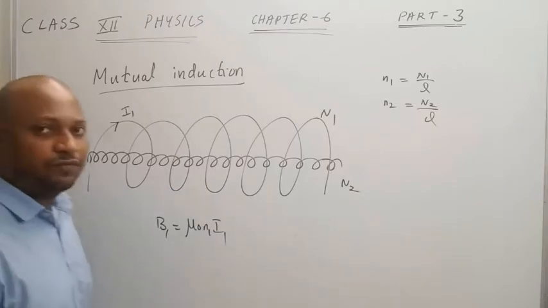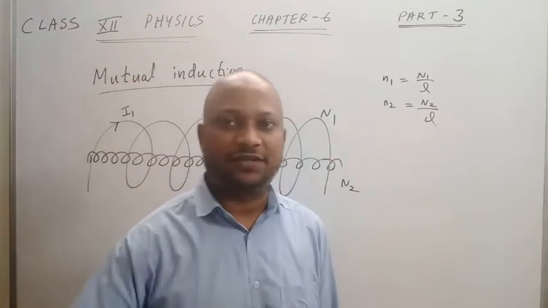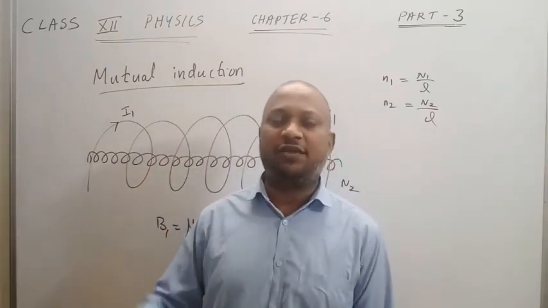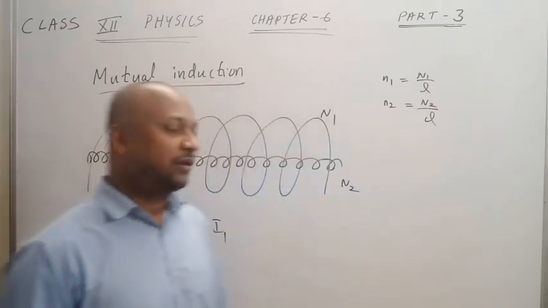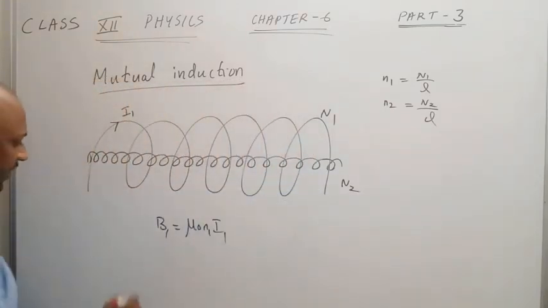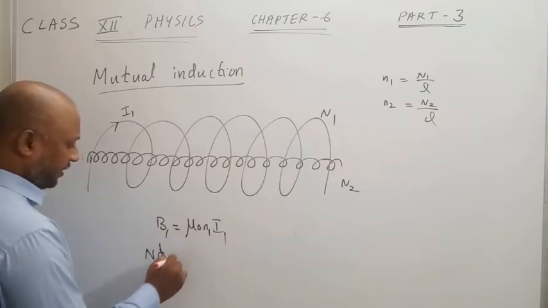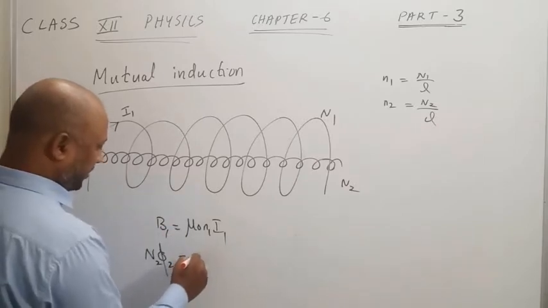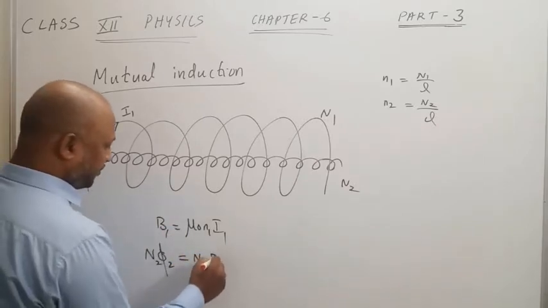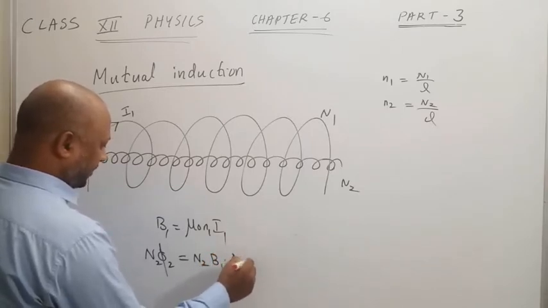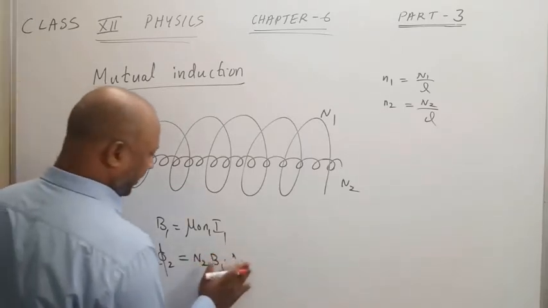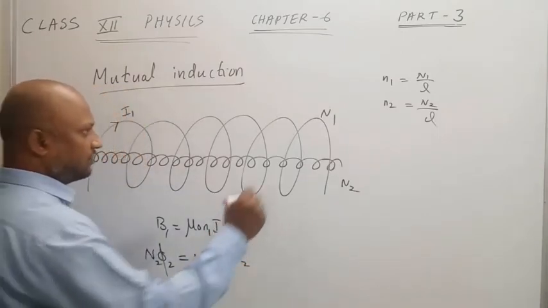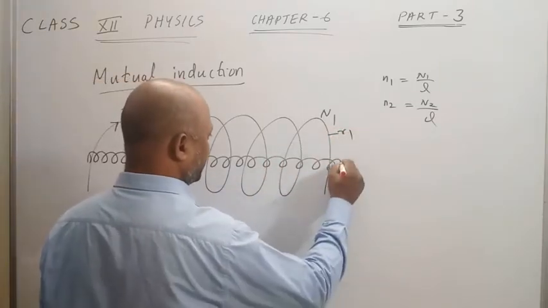Earlier there was no flux, and suddenly there is a current in the first coil, and suddenly there is a flux, and that flux will pass through the second coil. So what is the flux that passes through the second coil? N phi is equal to B dot A. B is due to the first coil, but the area is that of the second one, pi r2 square, where r1 is the radius of the first and r2 is the radius of the second.